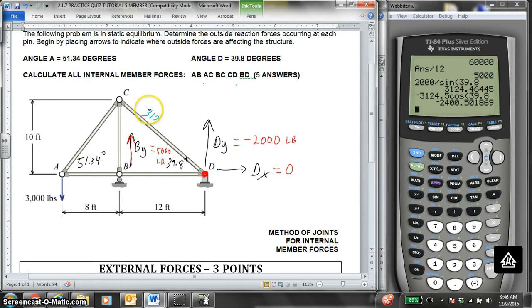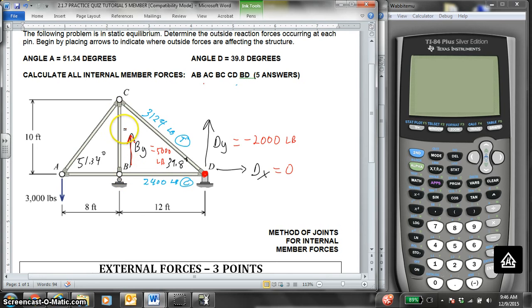So this member is 3124 lb tension. BD is 2400 compression. CB, this is on the previous tutorial videos, 5,000 pounds compression.